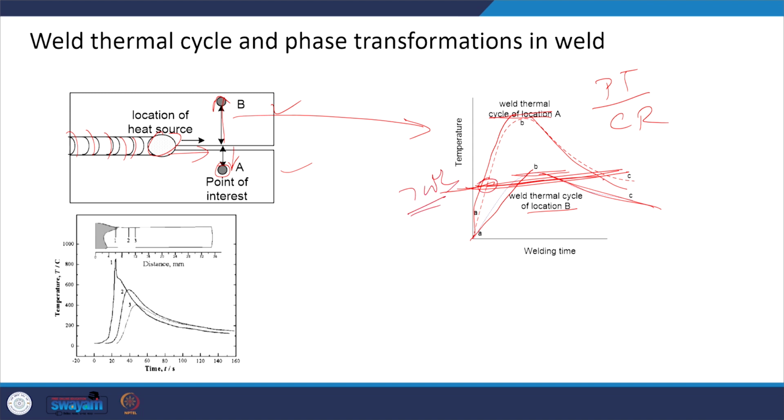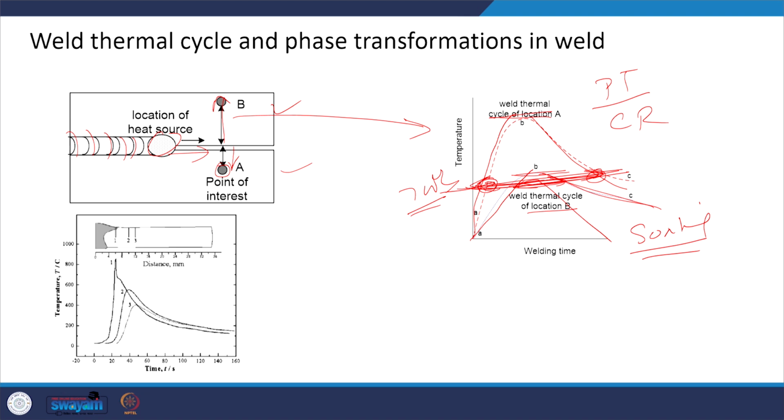The duration for which the point A is maintained above 700 degrees centigrade is this much, while the point B is maintained above 700 degrees centigrade for a shorter period. So, this determines the soaking time or the time of high temperature retention, that is shorter for the points which are located away from the weld center line.